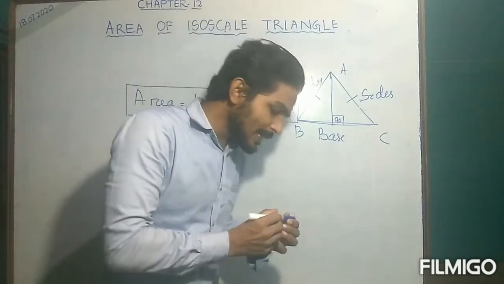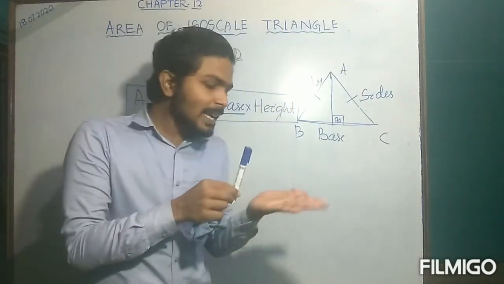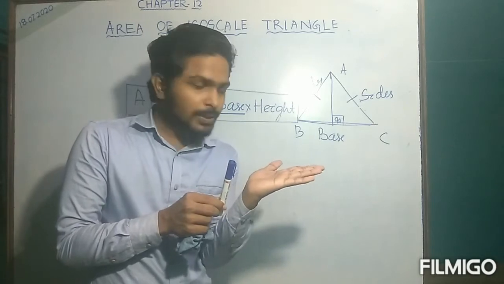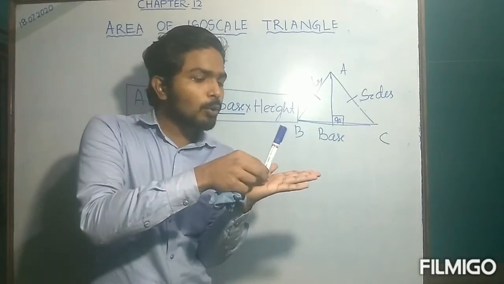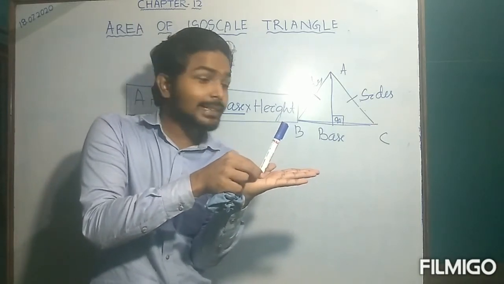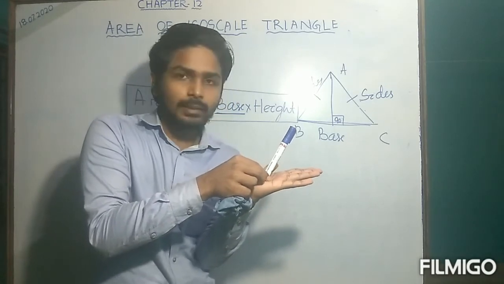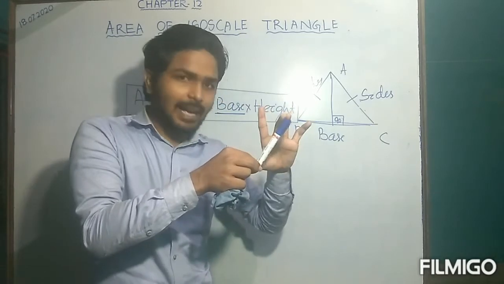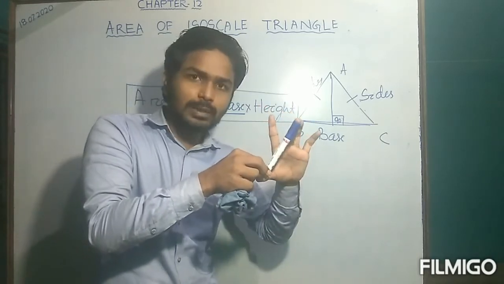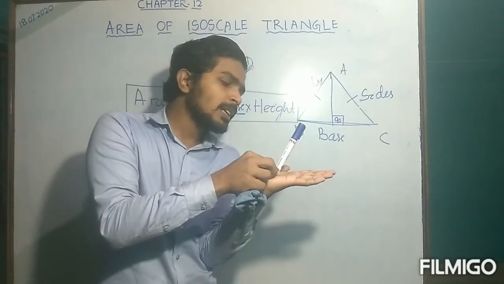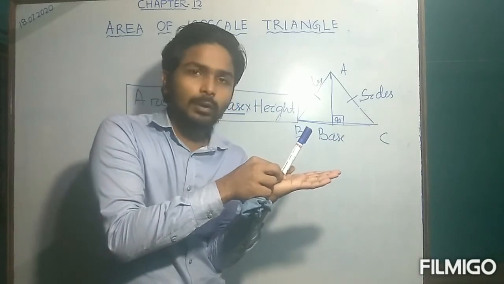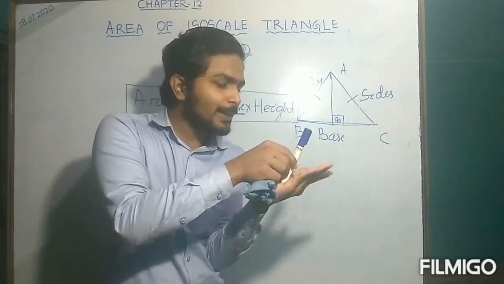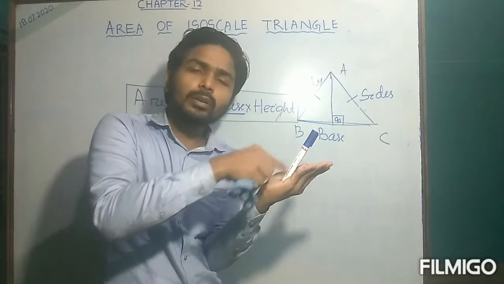Clear? Suppose this is the base, suppose this is the ground, and a pole is standing like this, tilted towards the right. Suppose this length is 5 cm, this pole's length is 5 cm. Then what is the height of this pole? Could we say this is the height of the pole?